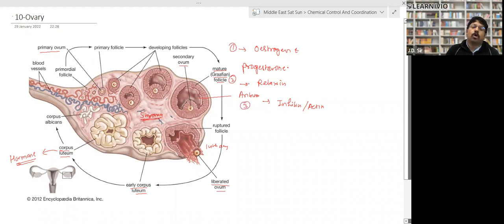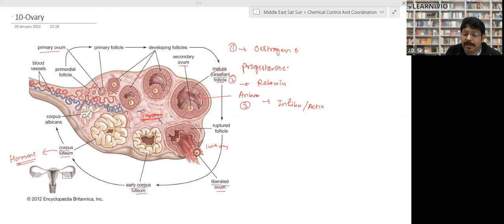Estrogen and progesterone are the hormones responsible for the formation of egg and development of the ovum. Relaxin is the hormone that relaxes the cartilage. It is released mainly during pregnancy. During pregnancy, you must have seen that the foot size of a woman increases because it relaxes the ligaments found between the bones.